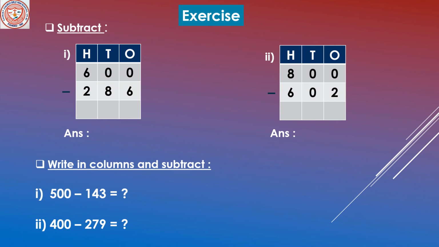For this, you have to arrange the sum. How? First, you have to write HTO, then write the numbers according to their place value and put the minus sign before the subtrahend. Okay. After that, you have to subtract. And when you get the answer, you have to write it separately.